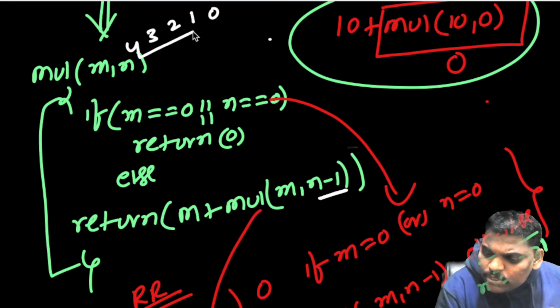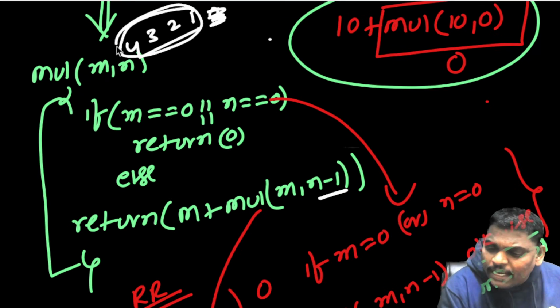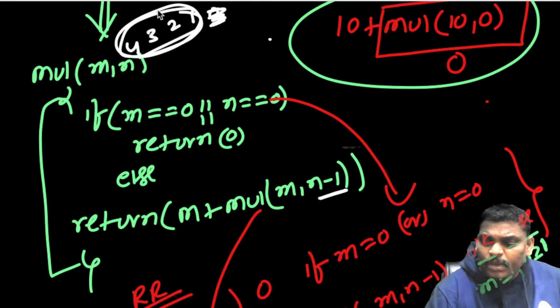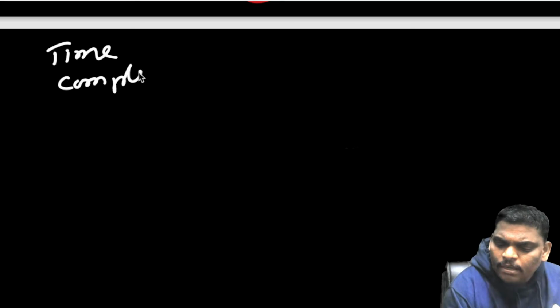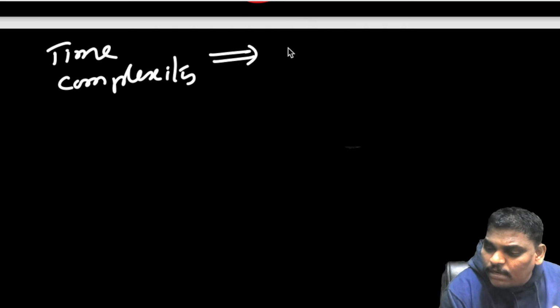Adding m, n times, and at 0 it fails. So time complexity: how many times is that loop going on? Remember, recursion is also a loop only. Time complexity is n times you have done the addition of m.